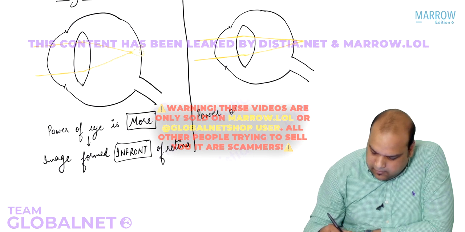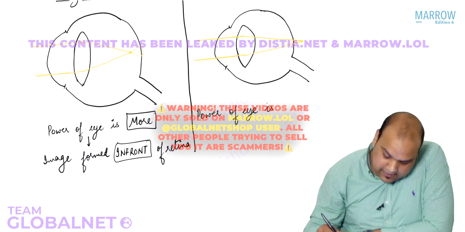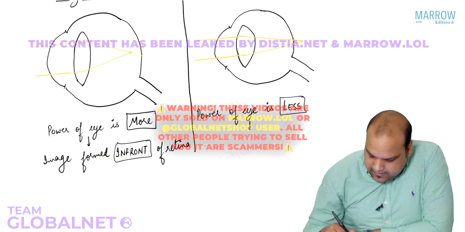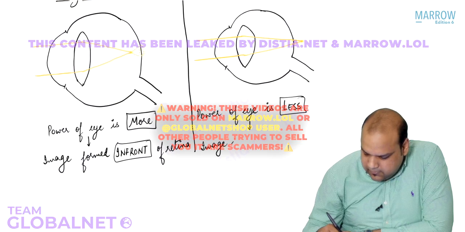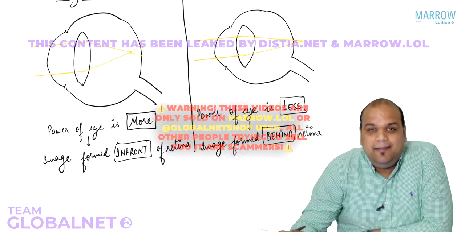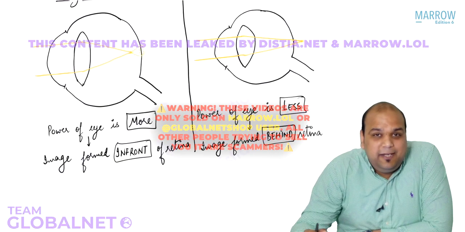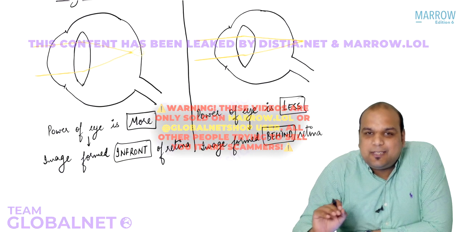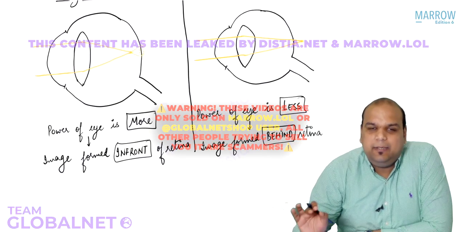Hypermetropia, power of the eye is less, and that is why the image is formed behind the retina. Okay, nothing new, guys, just what has been explained to you through the example of Rahul. That's all that I have written here in simple language.